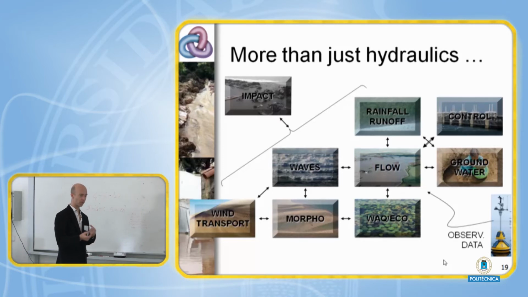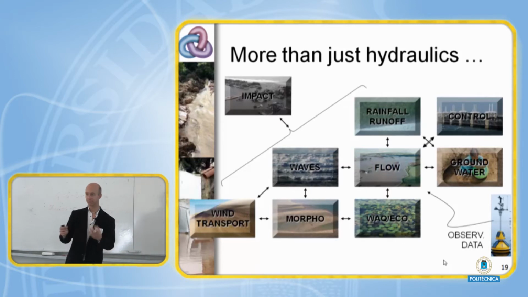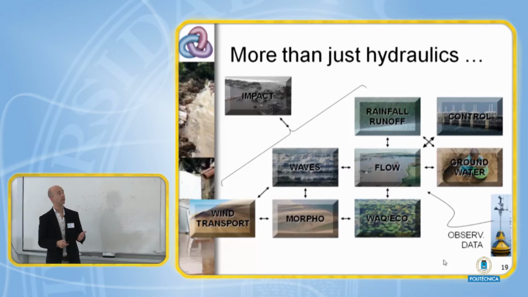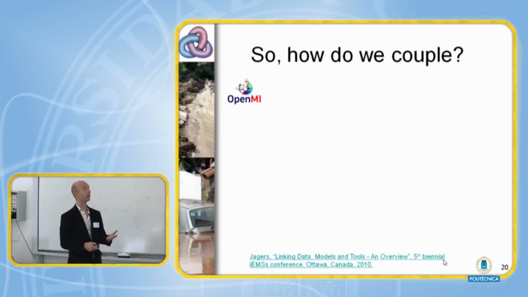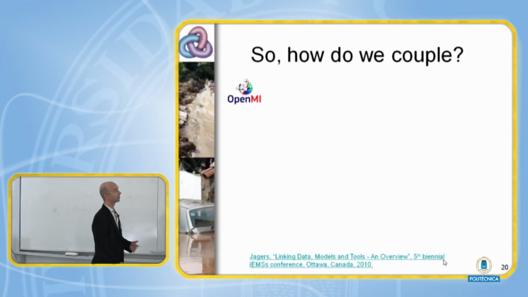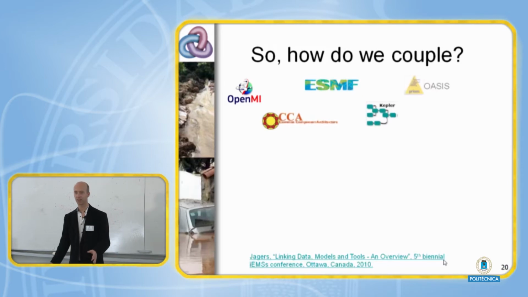So you couple all kinds of models together. That's to start to bridge towards the OpenMI. So we will be using OpenMI here. Why? Because our institutes were involved in the development of OpenMI, and it's a very nice coupling standard, but there are several other coupling standards around the world.